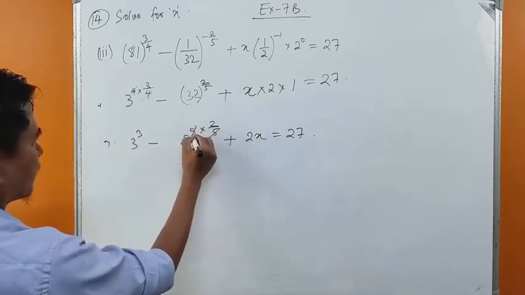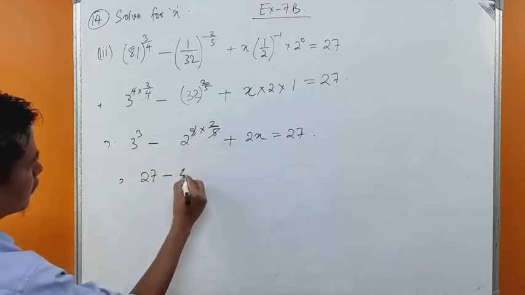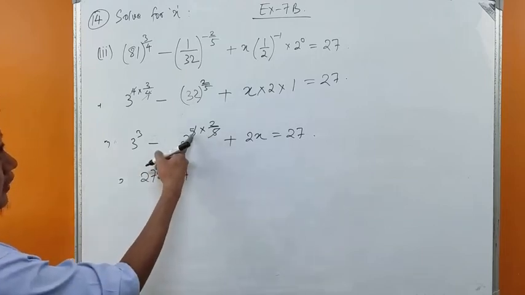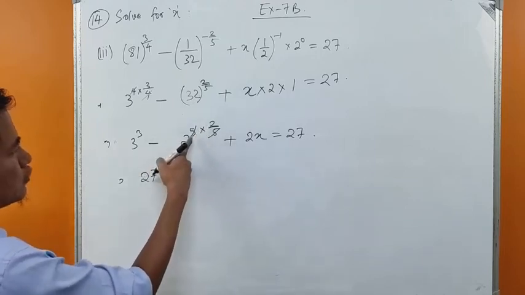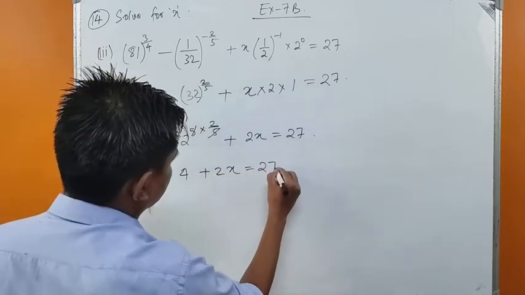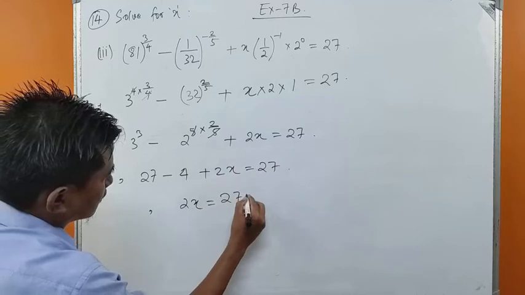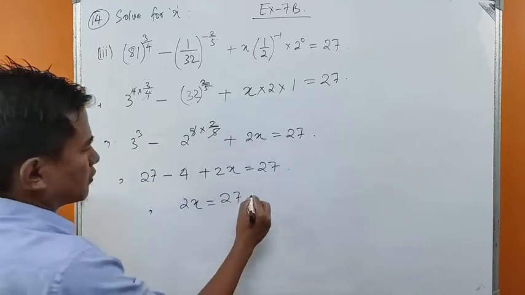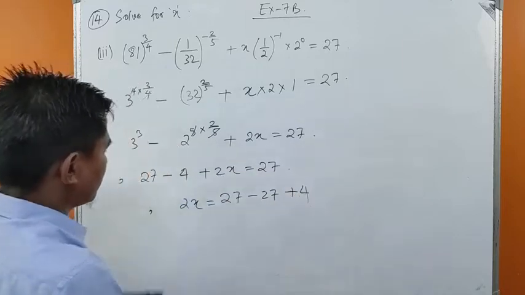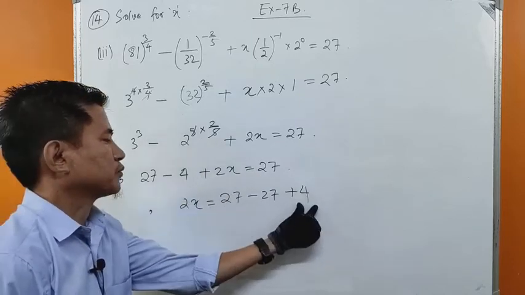This 5 and 5 can be cancelled, so 3 cubed means 27, minus 2 squared means 4. 2 squared is 4, plus 2x equals to 27, or 2x equals to... let's take this plus 27 to the right hand side, it becomes minus 27, and minus 4 becomes plus 4.